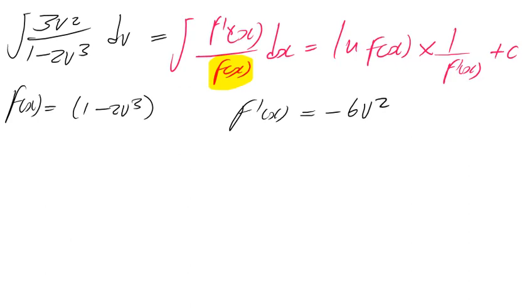When you differentiate that, you're going to get minus 6v squared. Do you see that you can write it as minus 3 into v squared? You'll get the top one either way. So the numbers don't matter, the coefficient doesn't matter. The main thing that you want is this function.